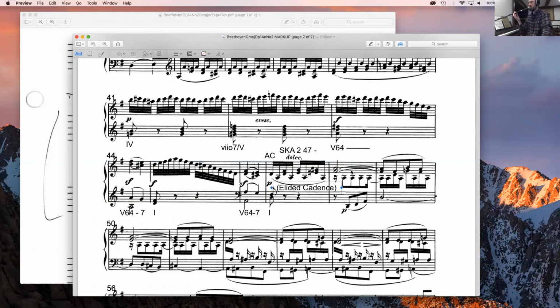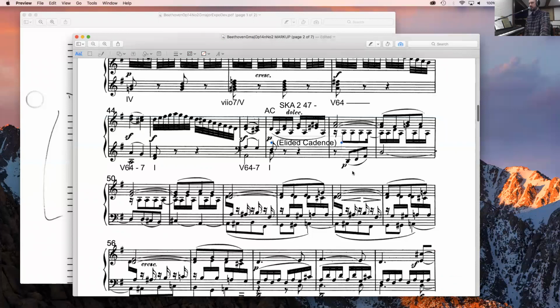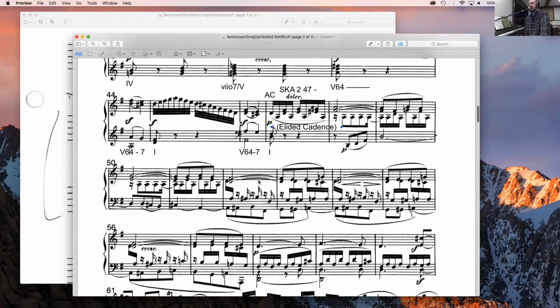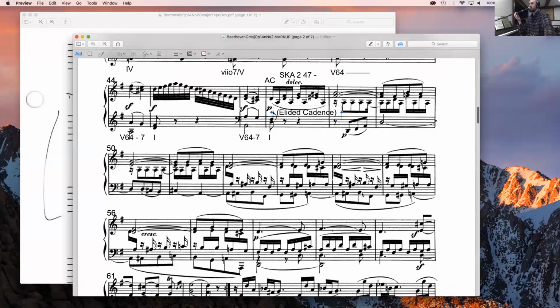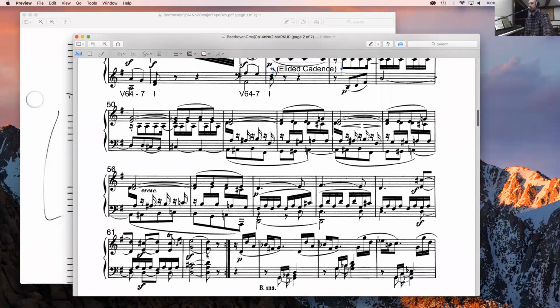Right, it just goes right on. And if we look, as I said, we get through the little Mario thing down here in 52. And we can sort of see, again, there's no stopping here until we get to the end of the exposition.